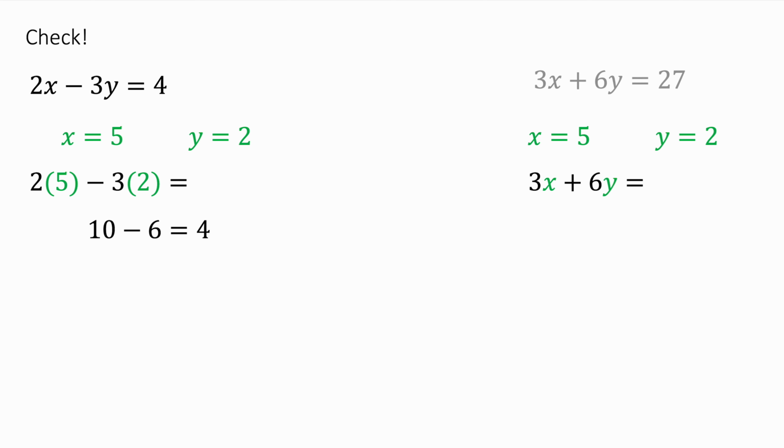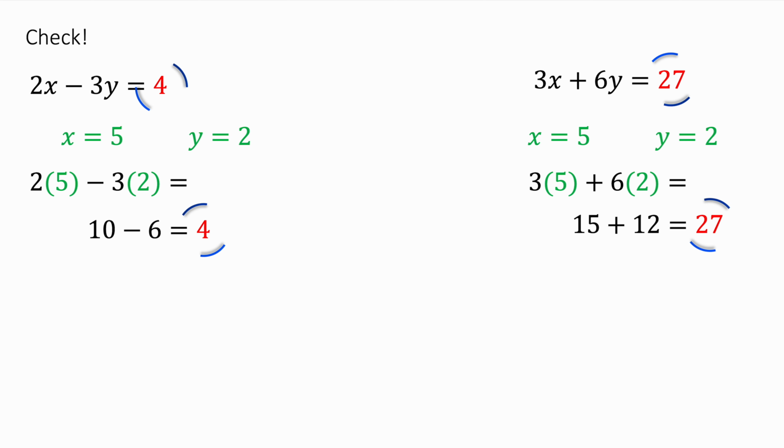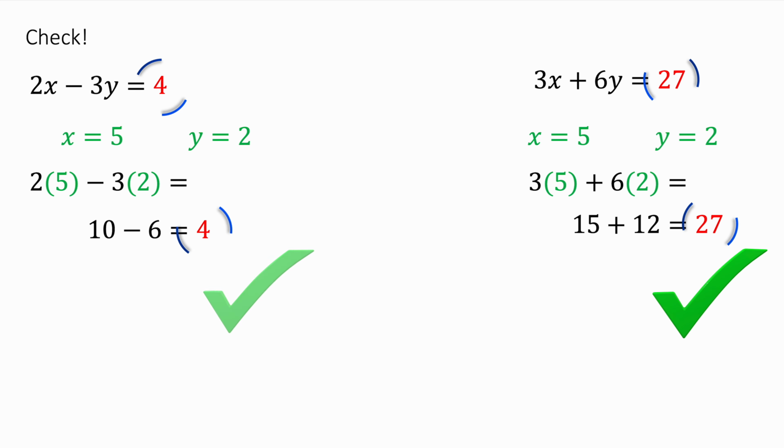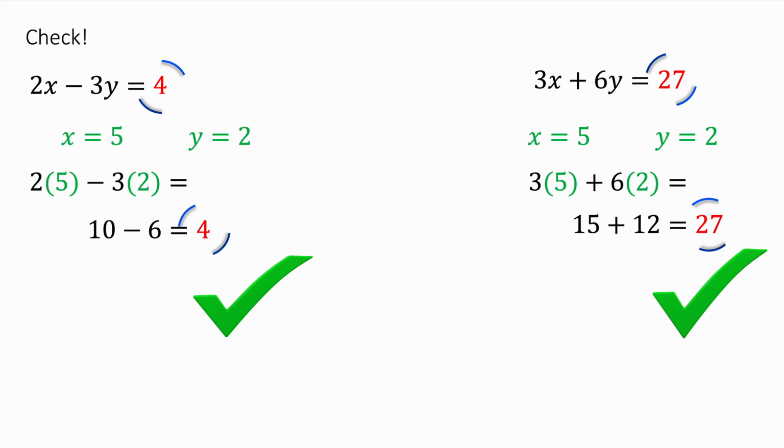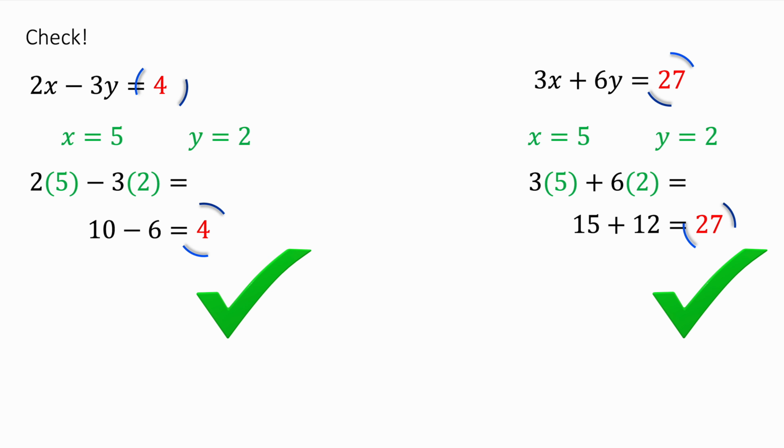And on the other side, substituting in 5 and 2 and evaluating it, we get 27. Our equations make sense. Our x equals 5 and y equals 2 makes sense. I'm convinced this is correct. So my check works, and I'm certain x is 5 and y is 2 is the correct answer.